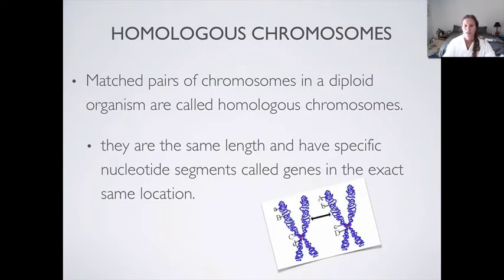So for example, in that picture down there at the bottom, we see two chromosomes. Those are homologs. They're the same length, and they code for the same genes. So even though you see an uppercase and a lowercase, they don't have to be exactly the same, but they're coding for the same gene.